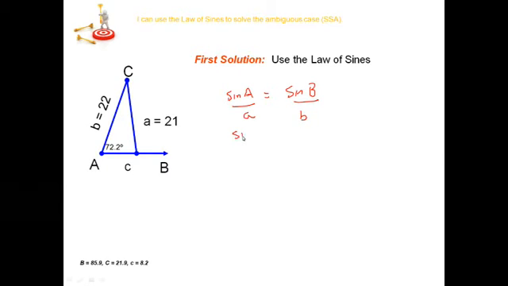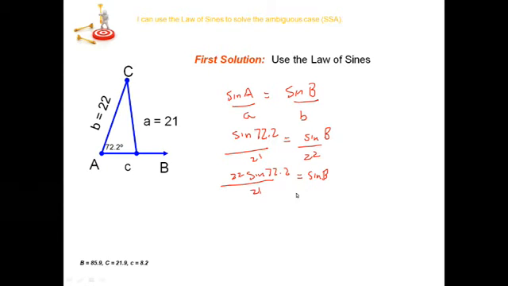So I get the sine of 72.2 over 21 equals the sine of B over 22. So I'm going to get 22 sine of 72.2 over 21 equals the sine of B.